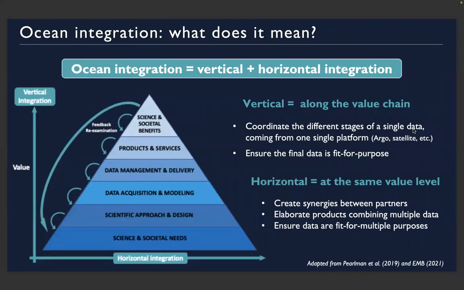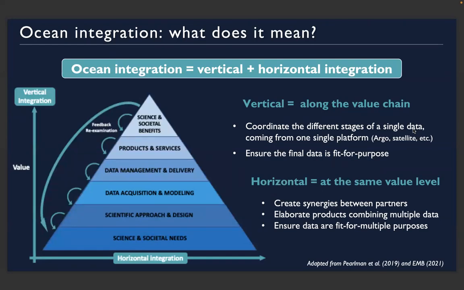When we use the word integration in general, I think we refer to vertical integration, because we can divide it into 2 components: vertical integration and horizontal integration. And I can explain this based on the value chain approach. On the figure here on the left, you have the value chain of the ocean observing system, with at the base the science and societal needs. Then the second step is the scientific approach and design, then data acquisition, modeling, data management, products and services, and finally the science and societal benefits.